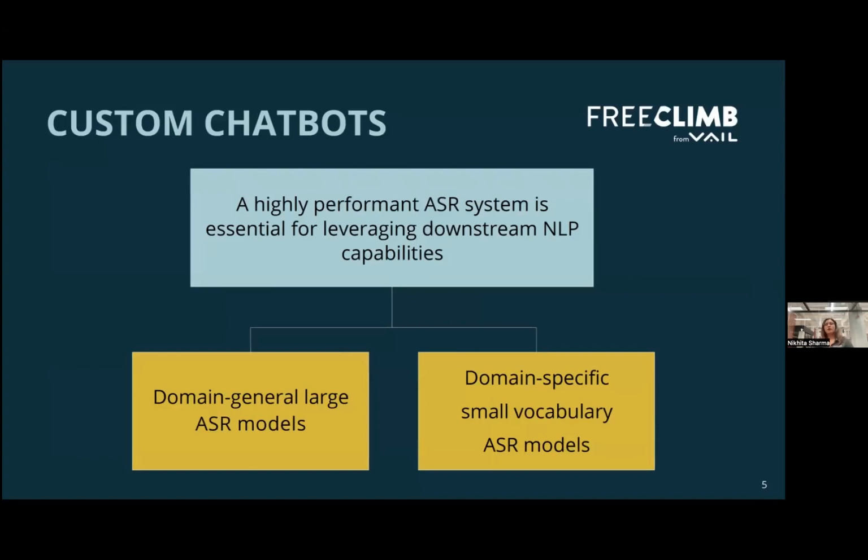If you want high ASR transcript accuracy, you can either use domain general models or you could use domain-specific small vocabulary models. You need to have good transcription because once you have good ASR transcripts, you can do a lot more with those transcripts. If the ASR gives you accurate results, you can improve your downstream capabilities as well. Without accurate transcripts, it's hard to do anything else with that text.